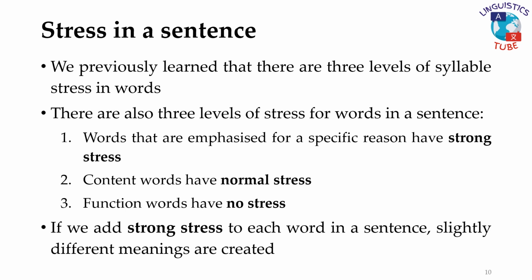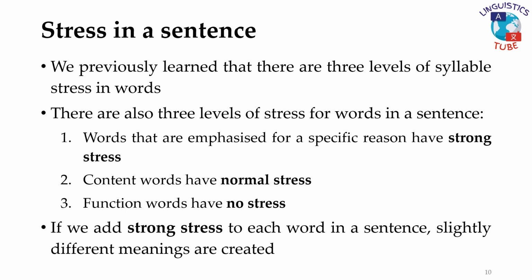In episode 3 of this chapter, we learned that there were 3 levels of stress for syllables in words: primary, secondary, and zero stress. At the next level, for words within a sentence, there are also 3 levels of stress.